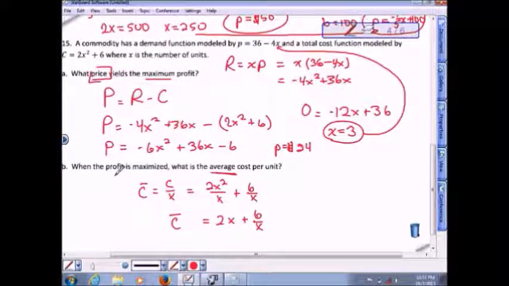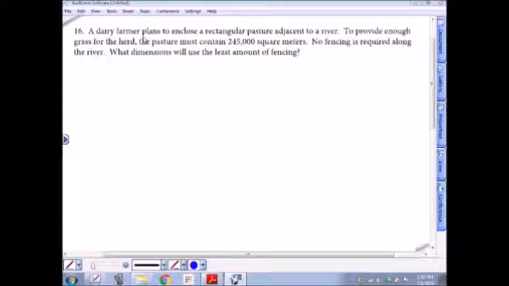Now we know when the profit is maximized, they're selling 3 units. So the average cost of 3 units is 2 times 3, which is 6, plus 6 over 3, which is 2. That's $8.